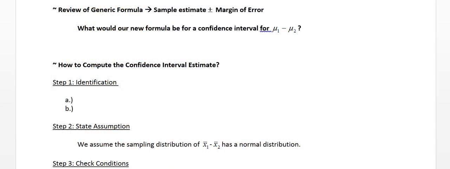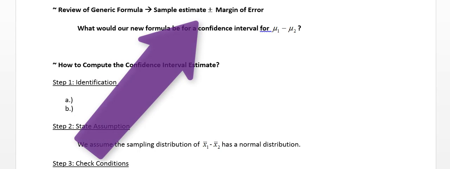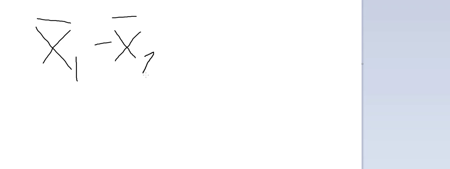Today we're looking at generically how to perform a confidence interval calculation for the difference in two population means. So remember, our generic formula is the sample estimate plus or minus the margin of error. Here our sample estimate, as we learned in the sampling distribution information, is going to be x bar 1 minus x bar 2.